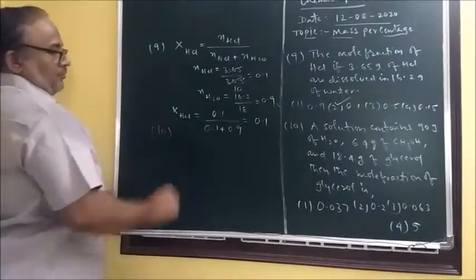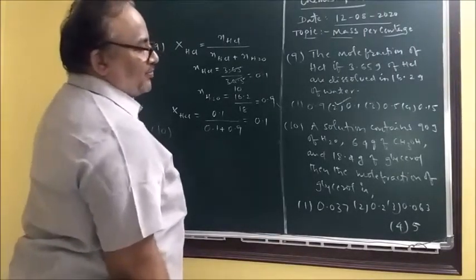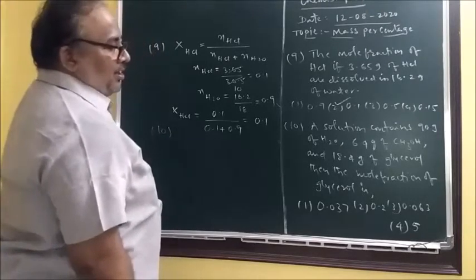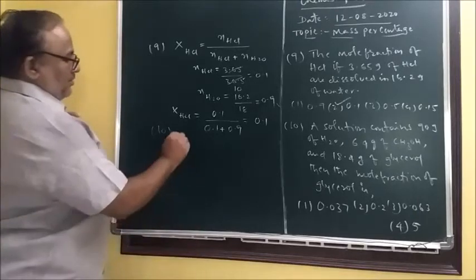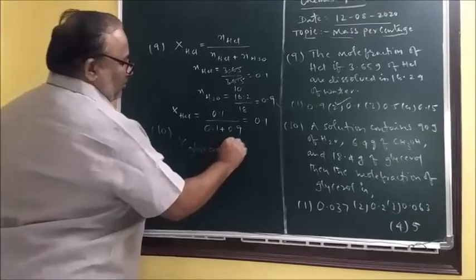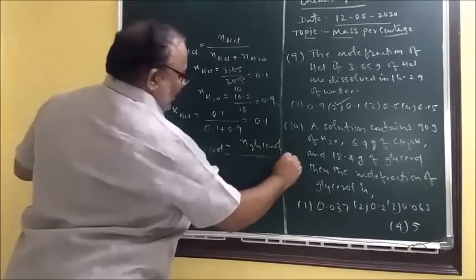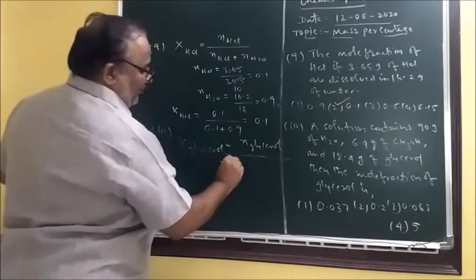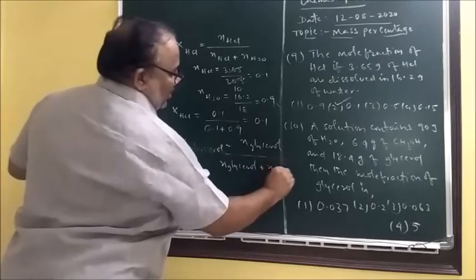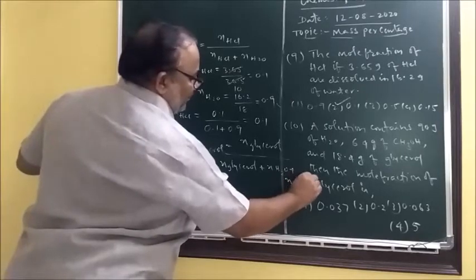Next, 10th one. A solution contains 90 grams of water, 6.4 grams of methyl alcohol and 18.4 grams of glycerol. Then the mole fraction of glycerol is, mole fraction of glycerol is equal to moles of glycerol by moles of glycerol plus moles of water plus moles of methyl alcohol.